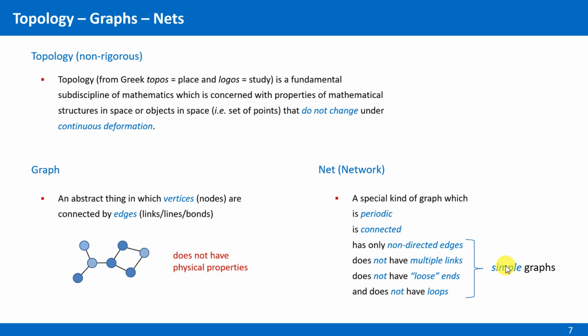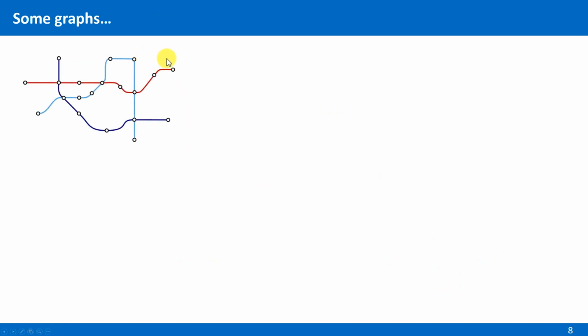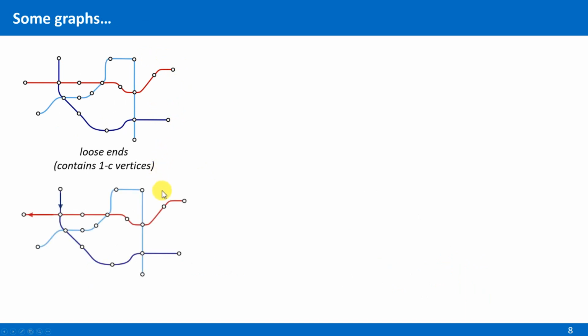To illustrate this a little further, let's look at some graphs. This is a graph. It looks like a metro plan or a tube plan, but it is a non-simple graph because it has loose ends. This means vertices which have only one neighbor. This is also not a simple graph because it has loose ends, and the red and dark blue train travels only in this direction and that direction, but not backwards.